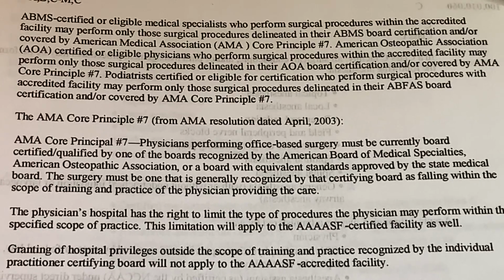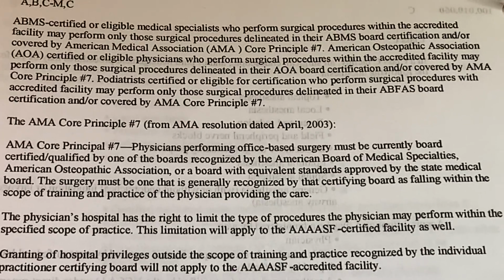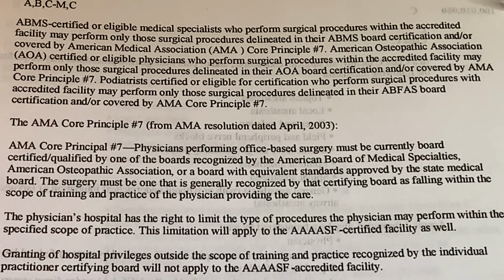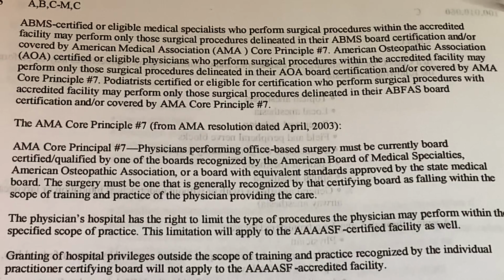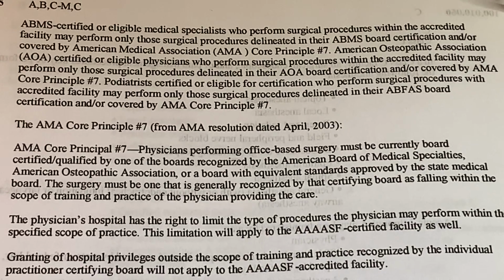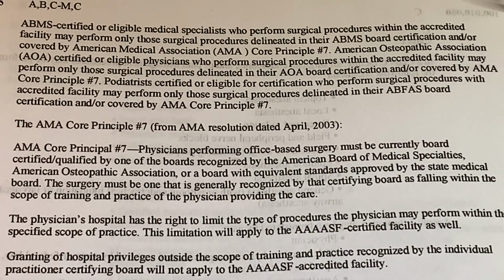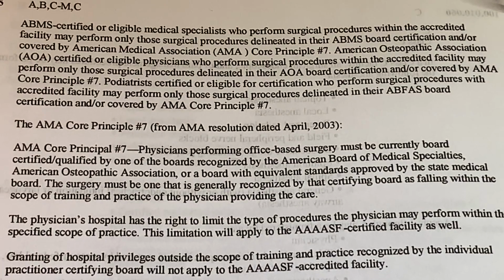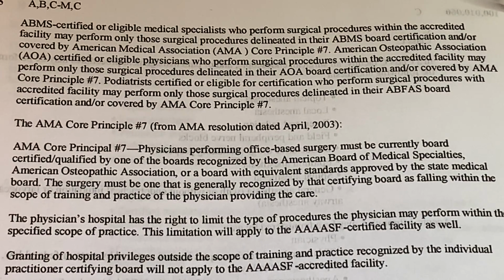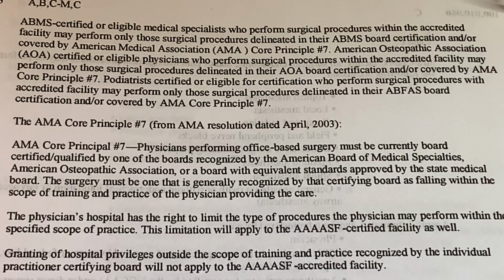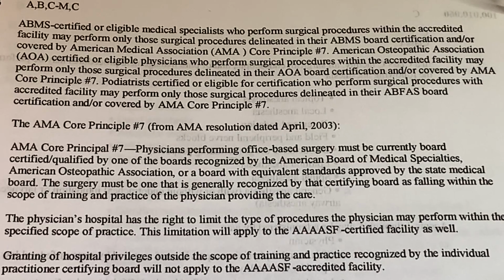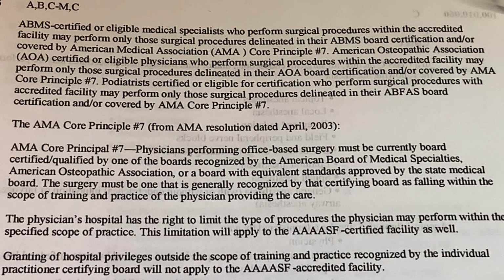The surgery must be one that is generally recognized by that certifying board as falling within the scope of the training and practice of the physician providing the care, right? The physician's hospital has the right to limit the type of procedures the physician may perform within the specified scope of practice. Granting hospital privileges outside of the scope of training and practice recognized by the individual practitioner's certifying board will not apply to the Quad A accredited facility.